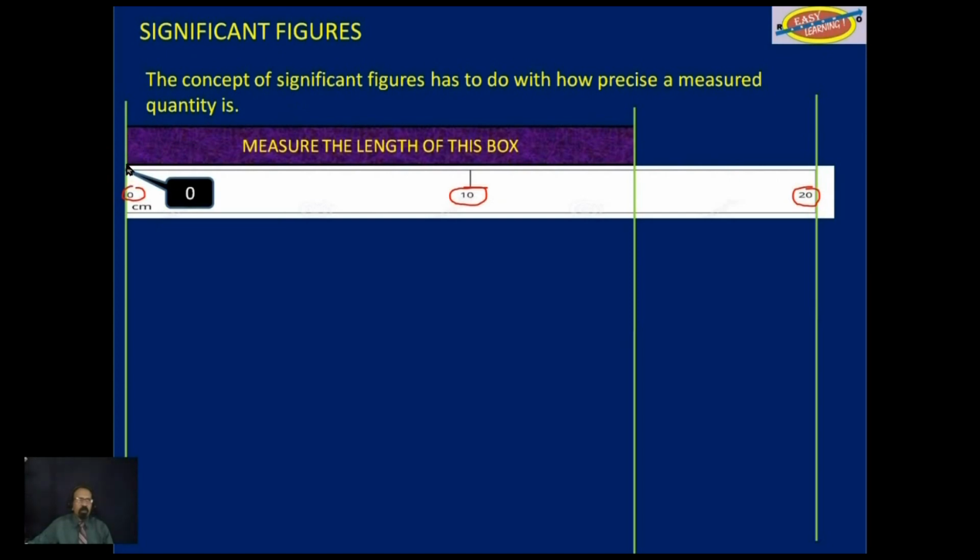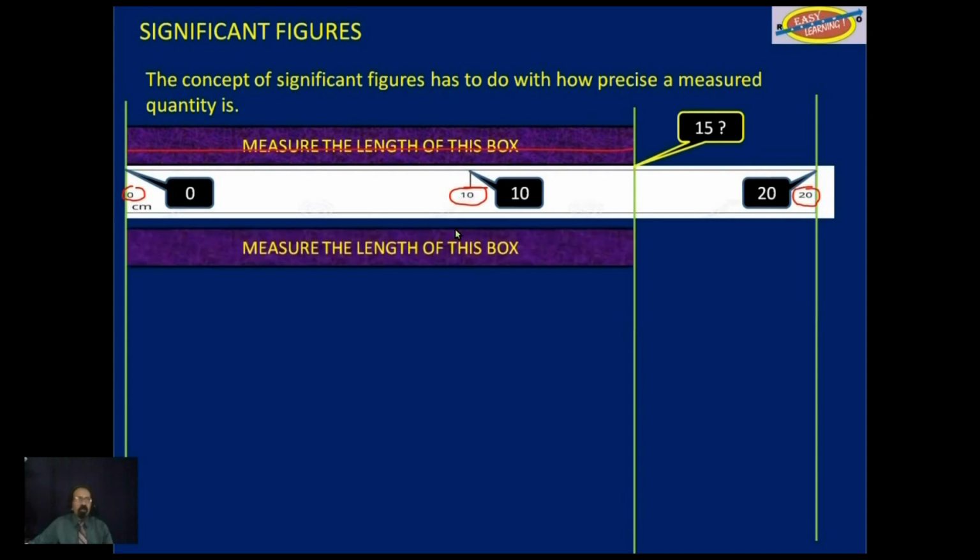That is 0, this is 10, that is 20. What is the length of this box here? You can say 15 centimeters, and that is a very good estimate based on the ruler that you have.